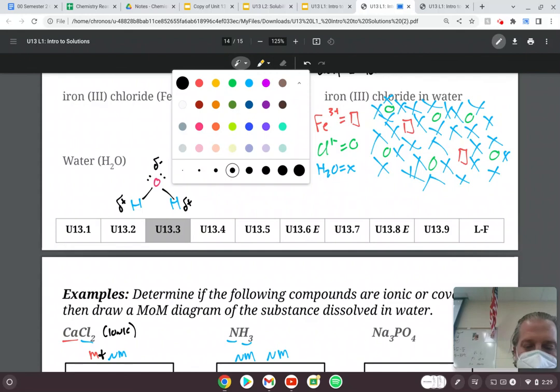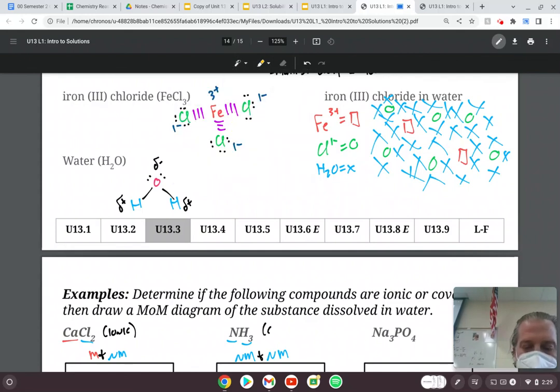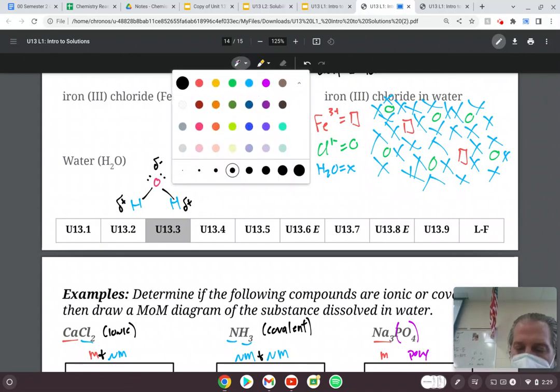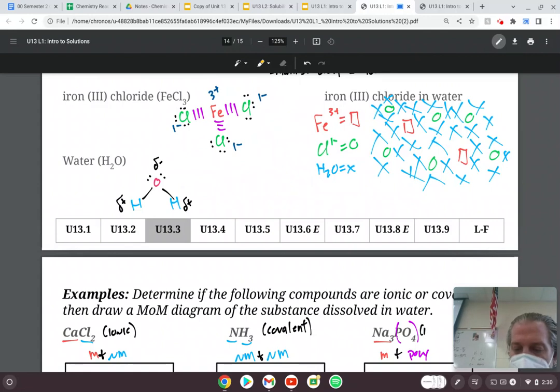So that means that this is going to be a covalent compound. And then I also see that sodium is a metal, and PO4 is a polyatomic ion. So that tells me that this is going to be an ionic compound.